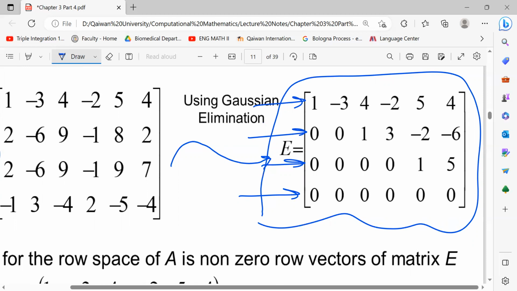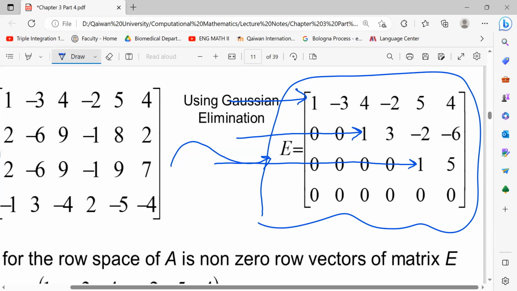What we do? We just choose those rows which start with 1. Look, this row, does it start with 1? Yeah, I mean the first non-zero element is 1. This one, look, the first non-zero element is 1. We choose that also. We choose row 2 also. And row 3. Yes, we choose this also. That means here we have 3 rows or 3 vectors.